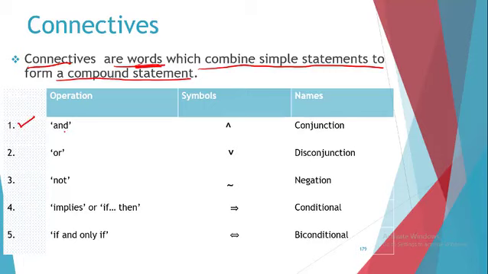Number 1 is and. It has this symbol, and we call it conjunction, that which holds 2 statements together. We have an example, like the sentence, Agnes read her books and yet Agnes failed.